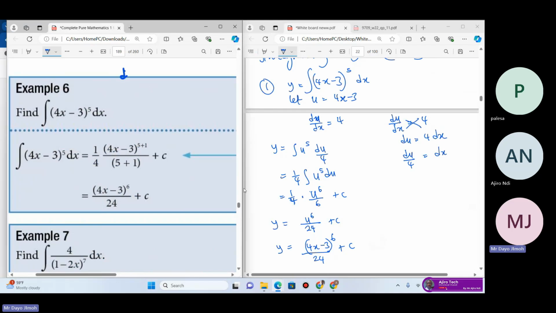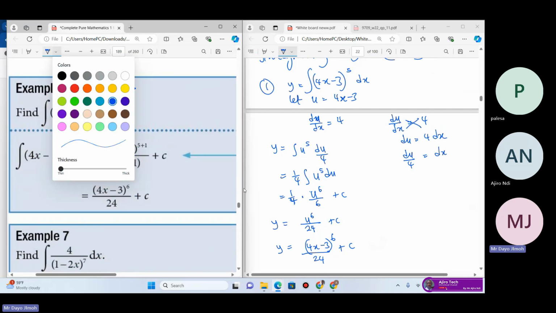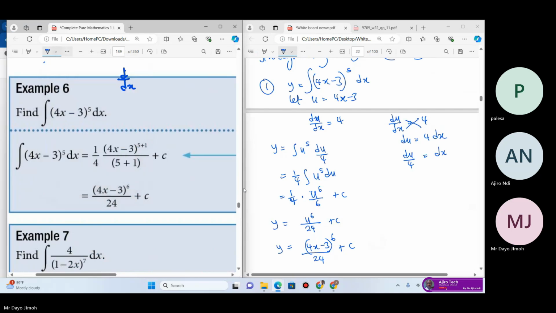If you have d/dx of 4x minus 3, this one becomes 4, this one becomes 0. So they divide by that derivative, isn't it? Then that bracket raised to the power 5 plus 1, all over that 5 plus 1. 5 plus 1 is 6. 6 times 4 is 24, isn't it?